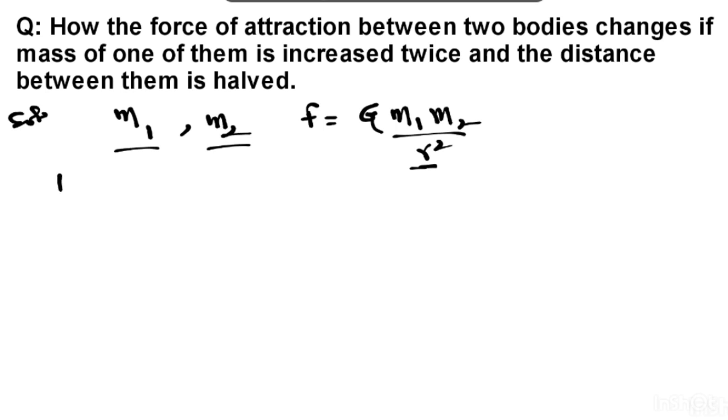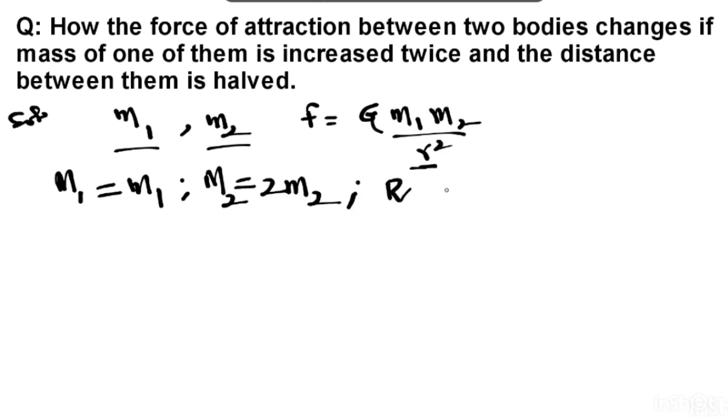Let us consider the mass of the first body in the second condition as small m1 itself, and the mass of the second body in the second condition as capital M2, and it is made twice, so I can write it as 2m2. Let the distance in the second case be capital R, and this is made half.